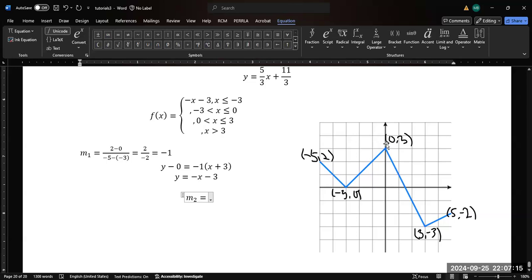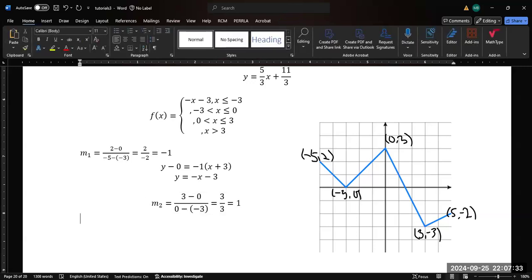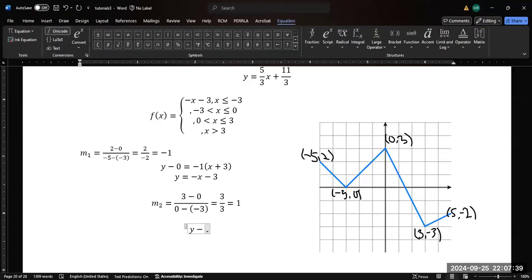So this is going to go between these 2 points. And so if I look at the y coordinates, 3 minus 0, and again, the order you subtract in doesn't matter as long as you are consistent, 0 minus -3. So that's going to be 3 over 3, which is 1, which again, positive slope, that makes sense. And so then our equation is going to be y minus, well, we can use the intercept here.